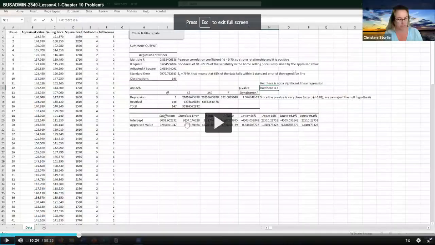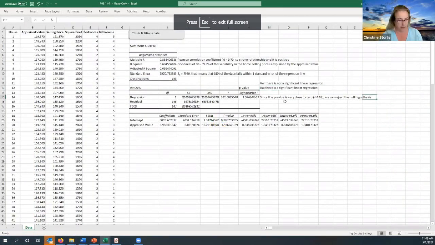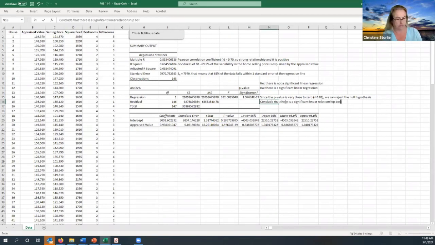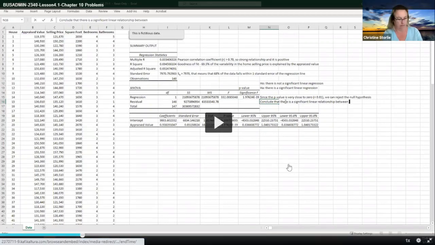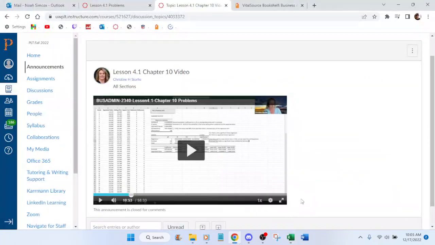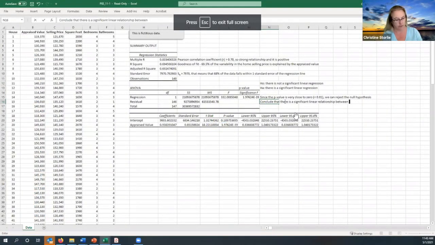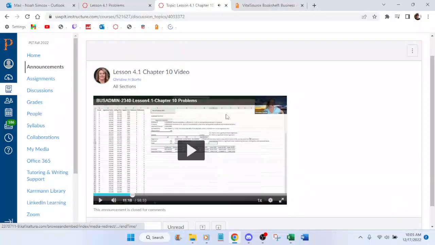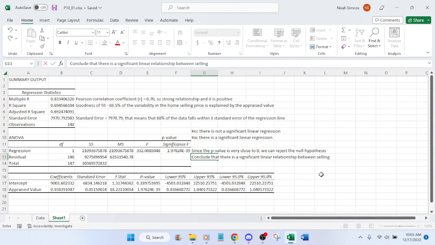What does that even mean? There's a significant linear relationship between selling price and appraised value.